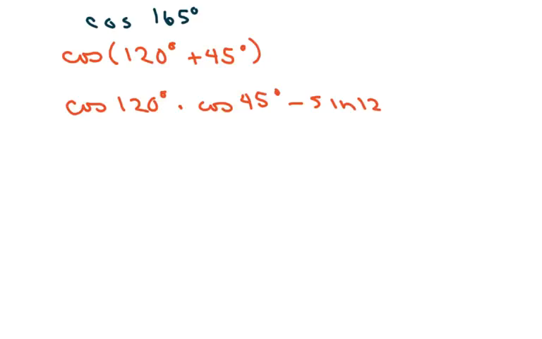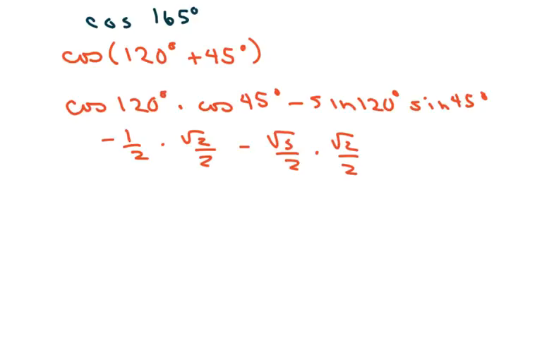Sine of 120 times sine of 45 degrees. So that's going to give you negative 1/2 times the square root of 2 over 2 minus square root of 3 over 2 times square root of 2 over 2. And that simplifies to negative 1/4 times square root of 2 plus square root of 6.